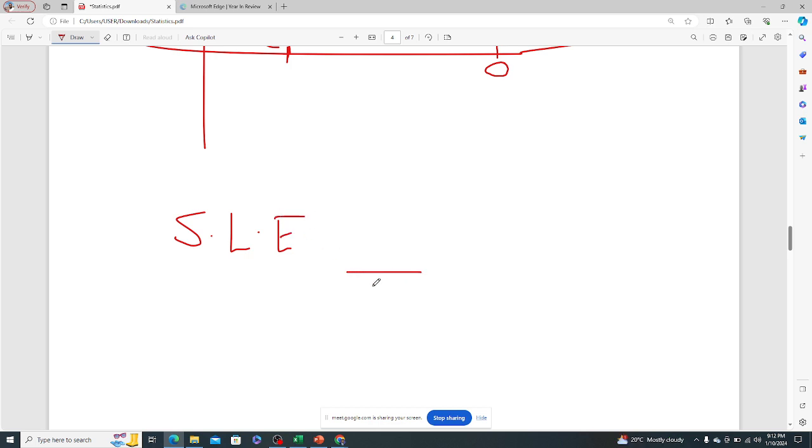It will look like this. Let's say y equals m, or let me just use another variable, ax, plus, let's say, b.